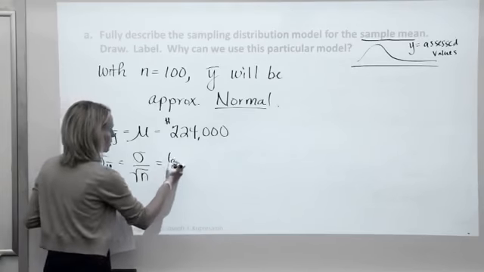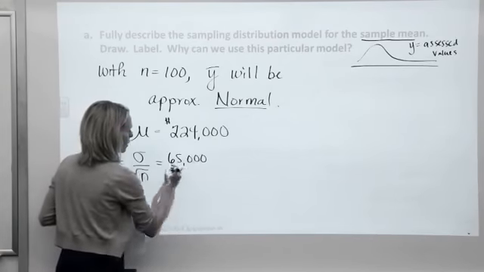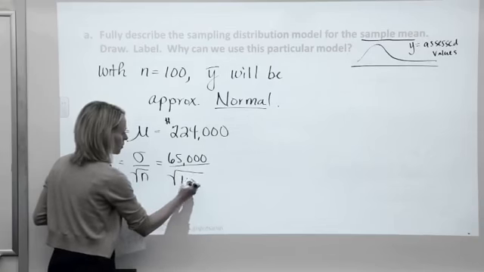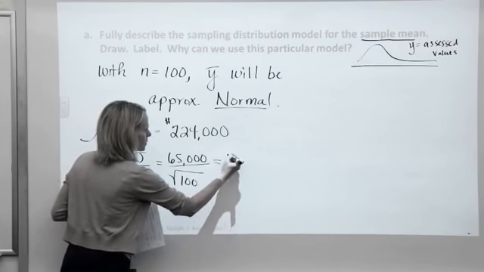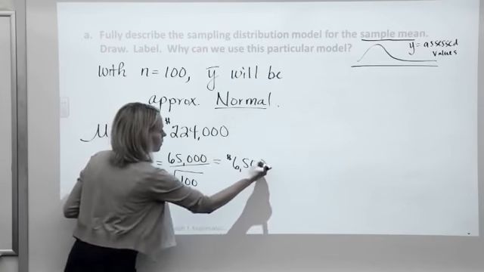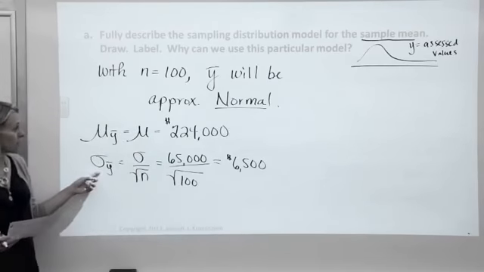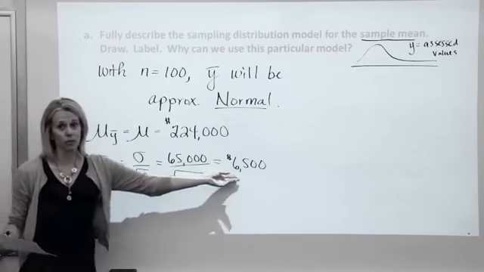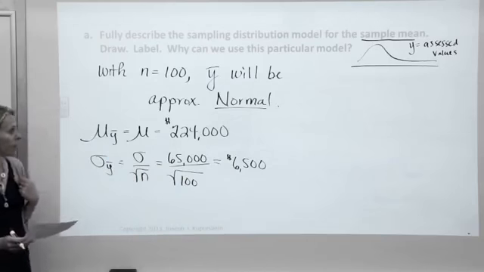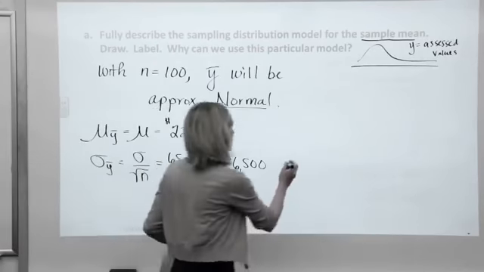So we'll take the standard deviation of those individual homes and divide by the square root of our sample size. And so the sample means will have a standard deviation of only 6,500. And then we could draw this.